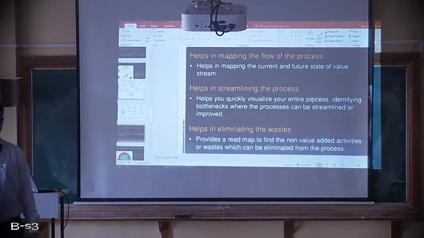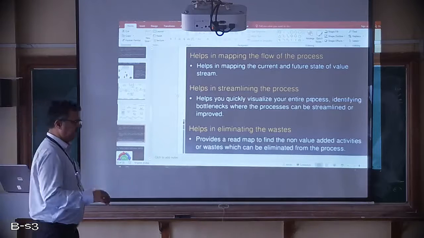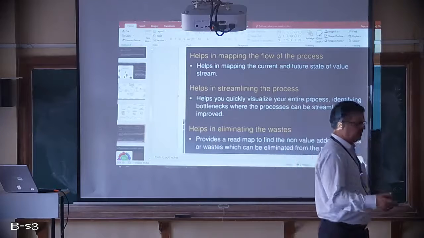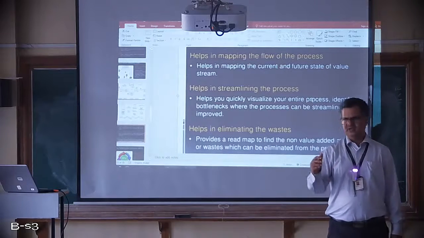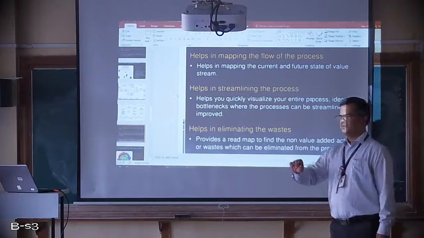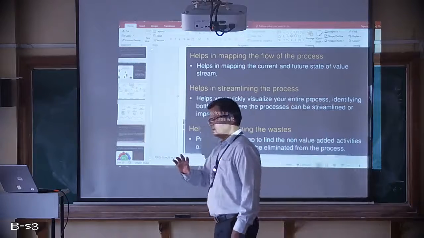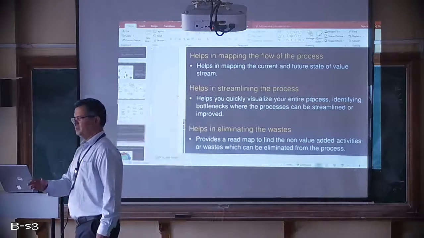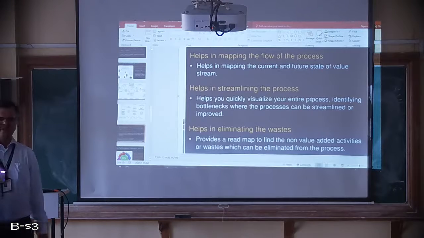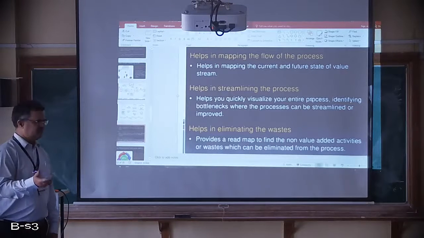Sometimes because leveling is not done properly, you end up with lots of wasted time. In the future state mapping, you can identify all these things. Surely you can save some time, and in the midterm you can also save some waste and improve profit.